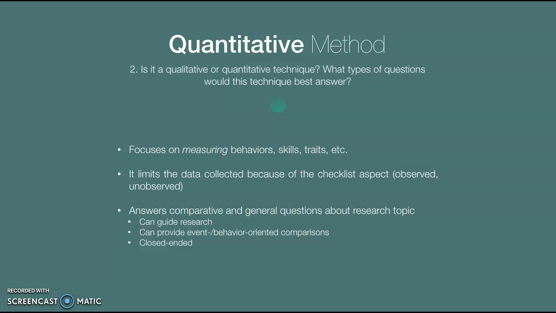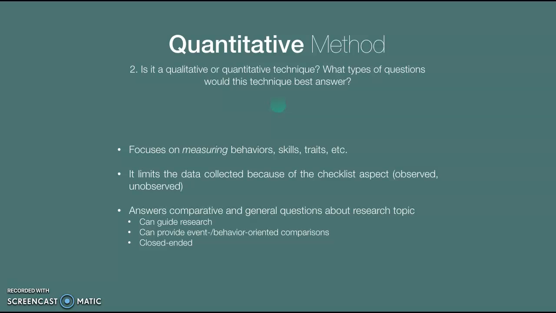Asking the question, did this happen? It's not what happened or why did it happen, but did this happen? So it is quantitative. Very similar to surveys, as I said before as well, in that surveys can include qualitative questions, so questions that ask things that are more open-ended, but they really examine them from a quantitative perspective.